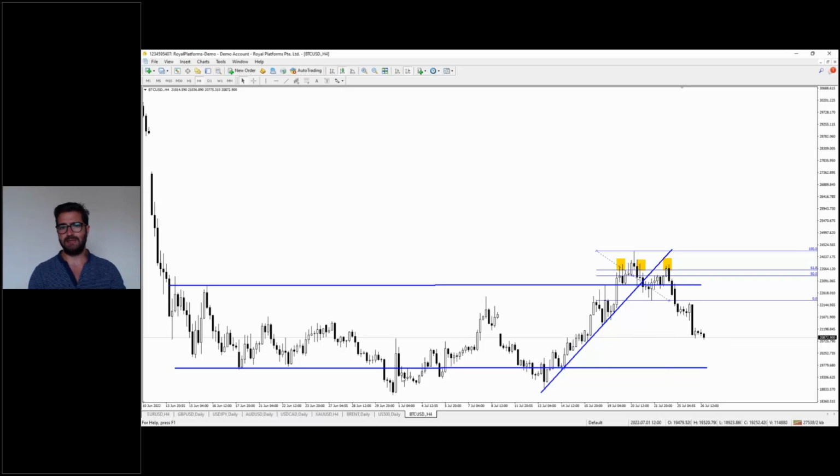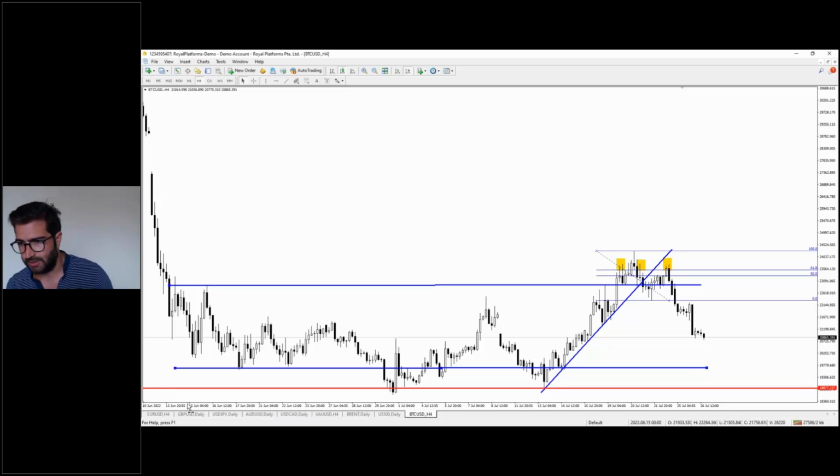What's next is a move to the downside around this area here, the lower end of the range, 19,700. If we're a little bit conservative, and if you would like to be an aggressive trader, we could see the market reaching the 18,877 mark by next week.